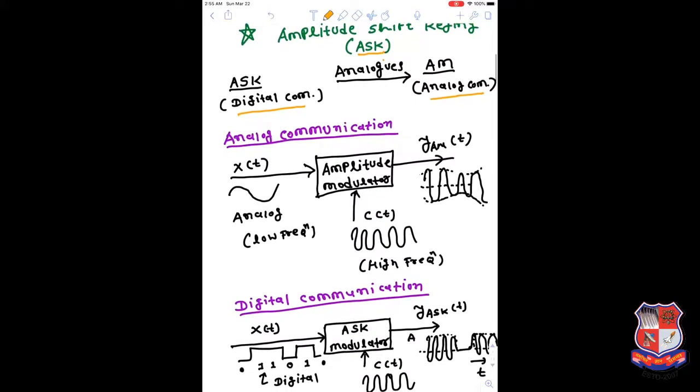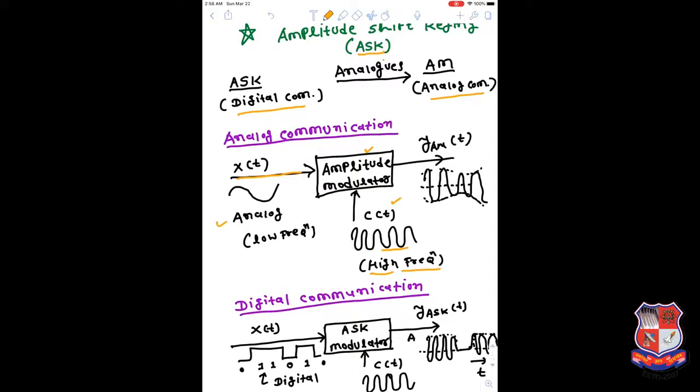If we start with analog communication, this is the amplitude modulator. It has 2 inputs. X of t is known as the baseband signal. This signal is of lower frequency and analog in nature. Then it is modulated with the carrier signal C of t, which is of high frequency and also analog in nature.